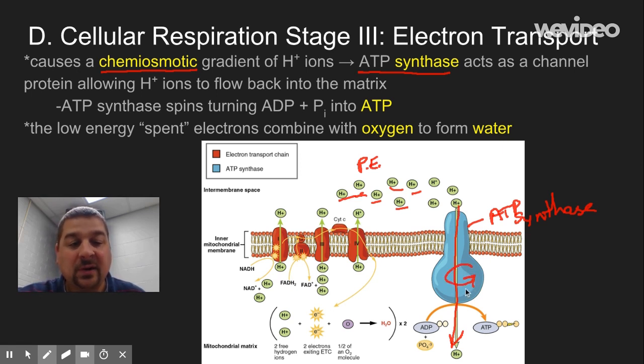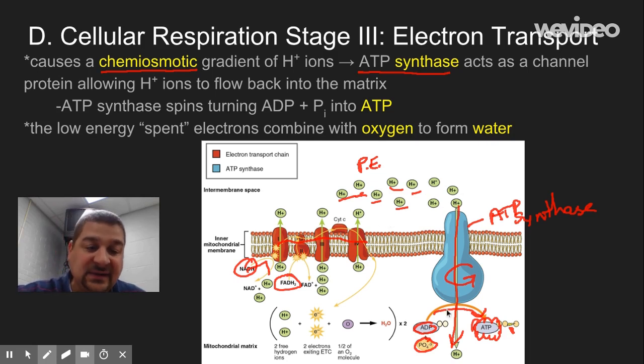There's a little rotor part of that protein that spins, and we say it phosphorylates, or adds an inorganic phosphate group, to ADP to make ATP. So there is our battery. Our battery is charged. You see over here it's between our second and third bond. It's charged up. So we have NAD, NADH, FAD, FADH2 dropping off electrons. They go down the chain. They pump in hydrogens. The hydrogens escape, spin the rotor of ATP synthase, and we charge up ATP.